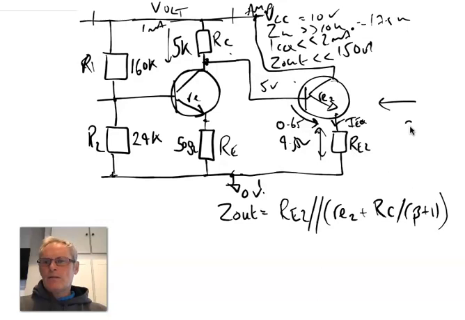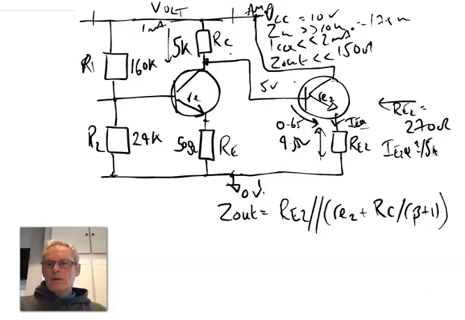So if we say that's RE2 equals 270 ohms as a starting point, we can therefore calculate that IE2Q is going to approximate to 15.8 milliamps.